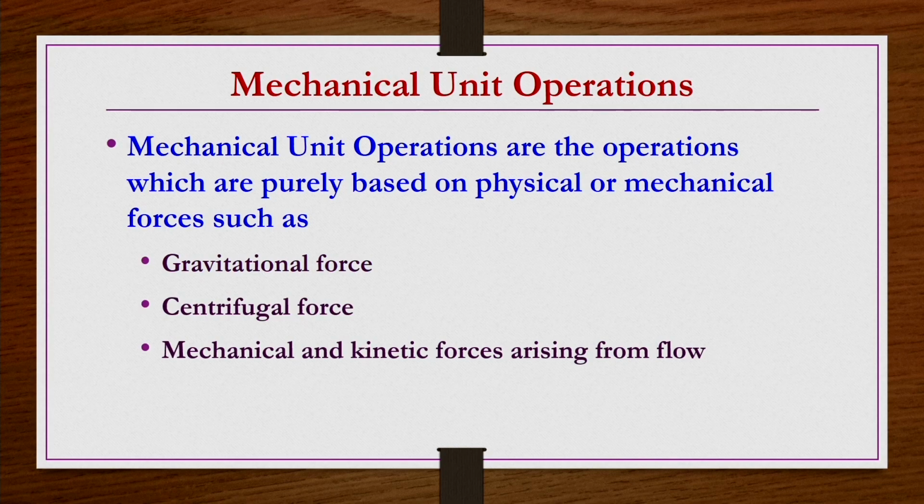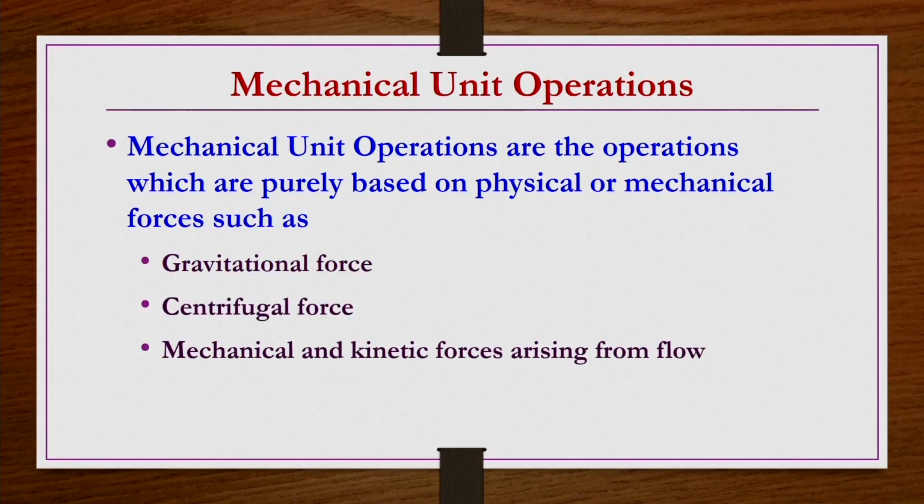How can we differentiate unit operations? Rather than having a course title as unit operations, we have a title as mechanical unit operations. So what is the difference? As I mentioned in the previous slide, some unit operations are based on purely mechanical means, whereas some are based on the molecular transport mechanism.